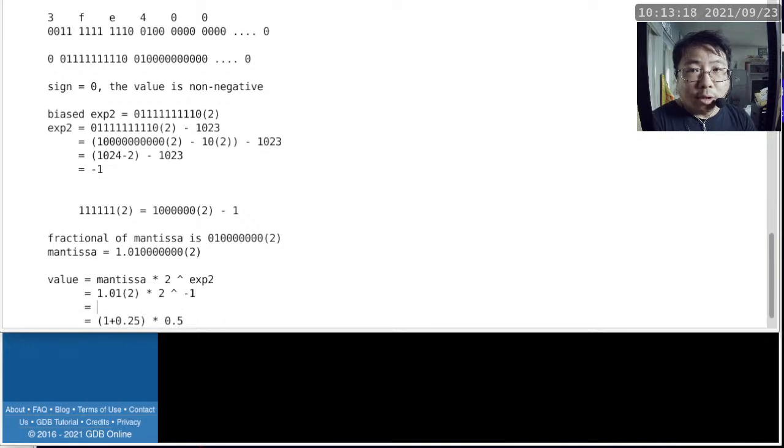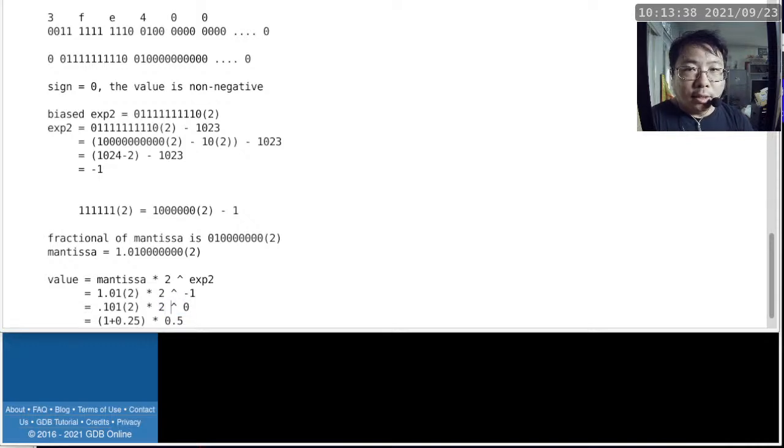So I can always shift the point so it becomes 0.101 in base 2 times 2 to the power of 0. So that's the other way to do it, to shift the point on the Mantissa side and then get rid of the exponent, because 2 to the power of 0 is just 1.